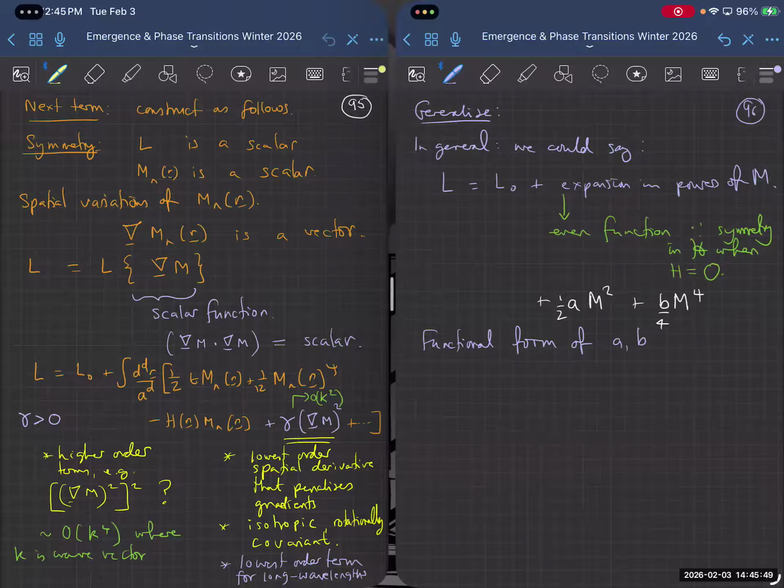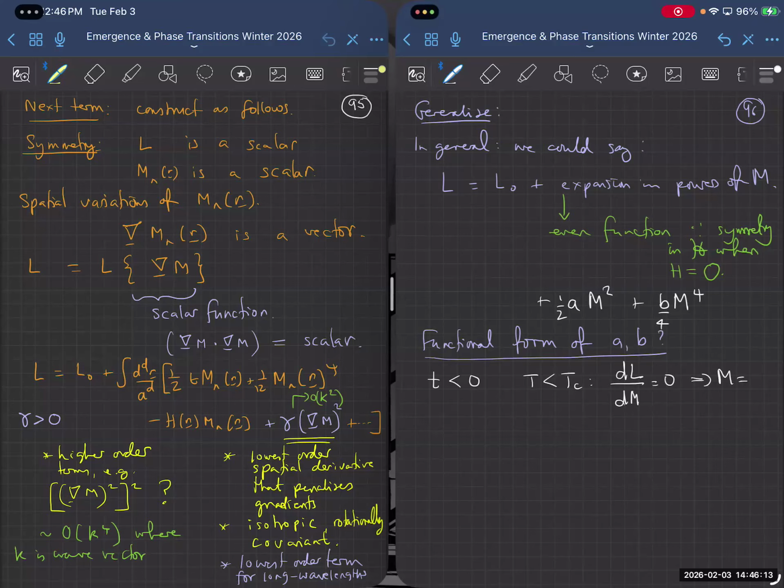Well, you know from doing homework 1 that what we expect is that for t less than tc, we want the solution of dL by dm equal to 0 when h is equal to 0 to give you a solution m equal to 0, but also a solution where m is not equal to 0.